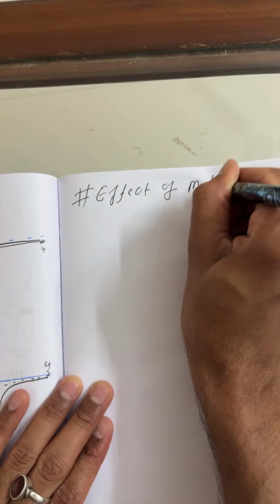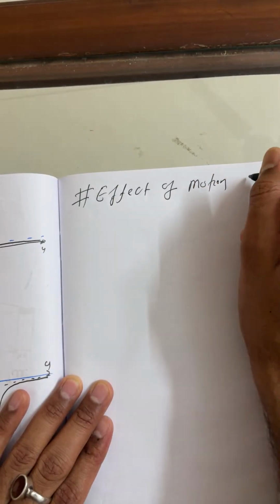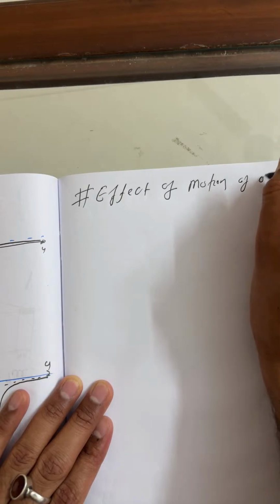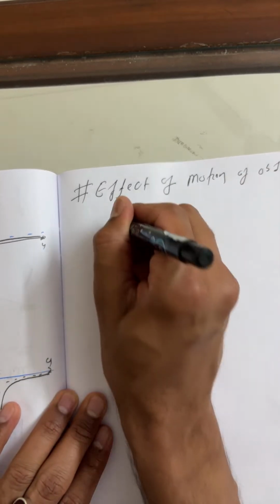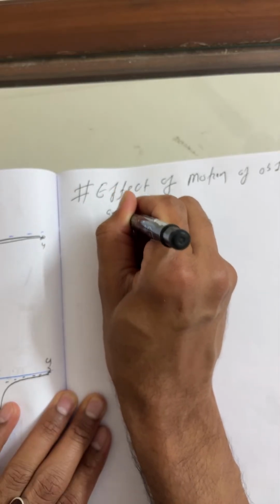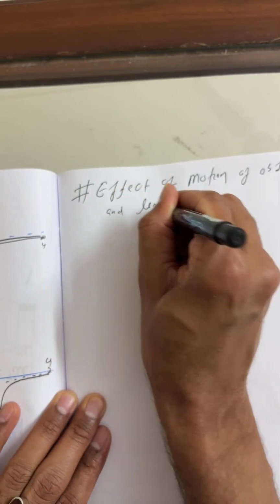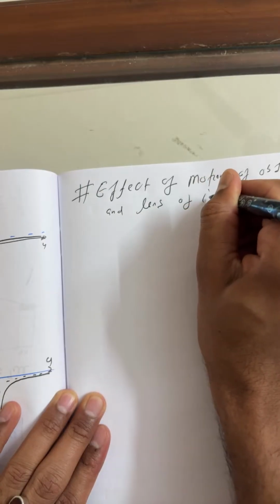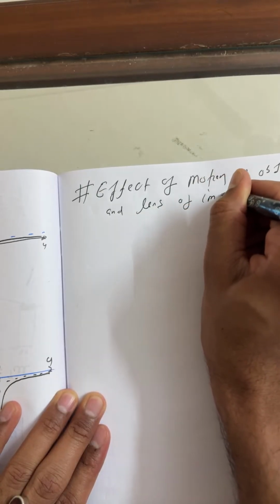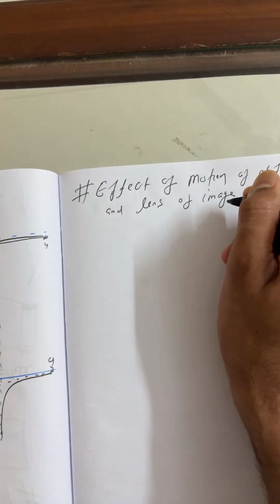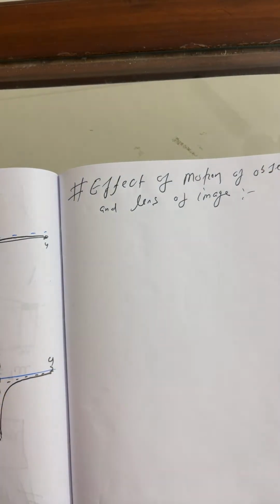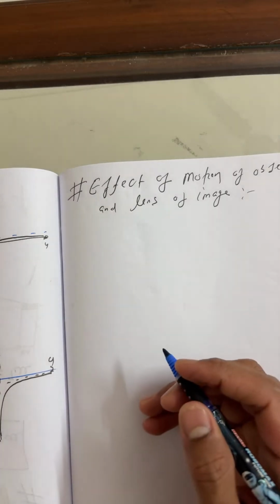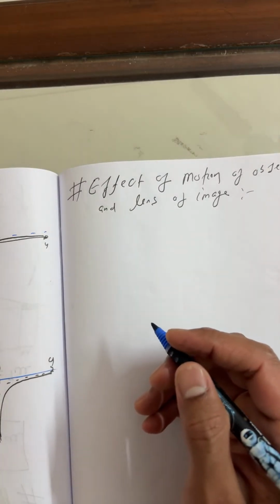Effect of motion of object and lens on image. Okay, come to the point. So how can we do this one?